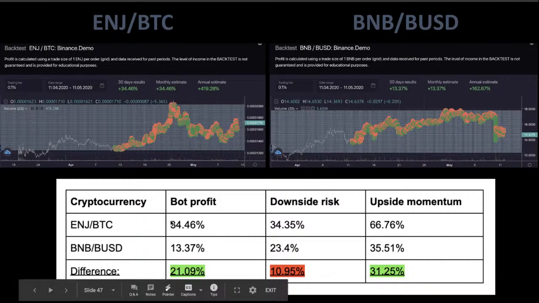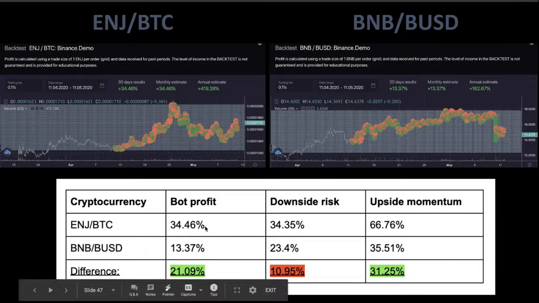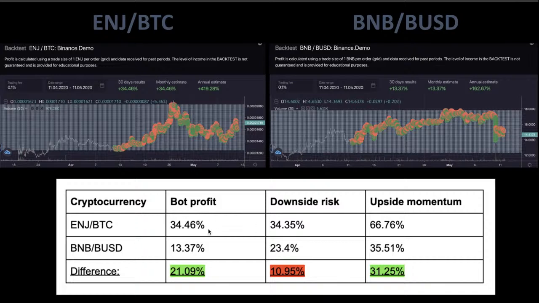If we simply divide the bot profit by the downside risk, we get the ratio of how much risk we take, in percentage, for a given percent of return. Here, 34 divided by 34 is going to be 1. That means for each percent of profit generated by the bot, we take 1% of downside risk.